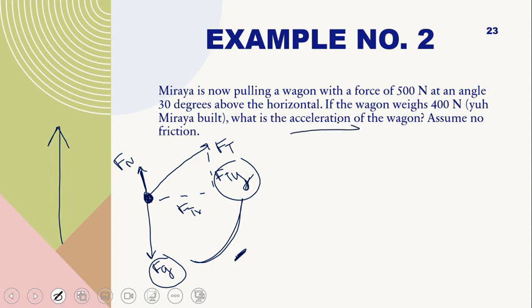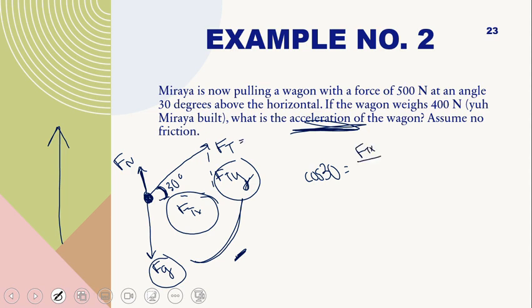Again, we're trying to find the acceleration of the wagon, which means we need to find our net force. And our net force is going to be FTX because all of our vertical forces are balanced. We know that the angle of the pull is 30 degrees. So again, we can just use some trig to solve this problem. Cos 30 is equal to the adjacent side of the triangle, FTX, over the hypotenuse.